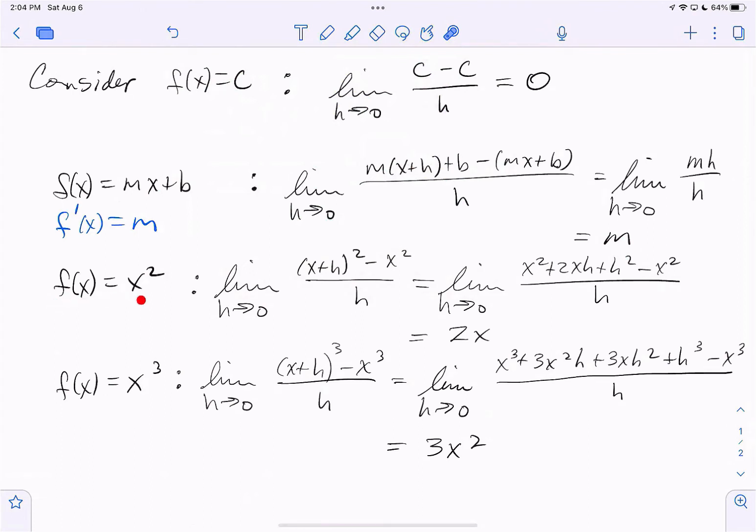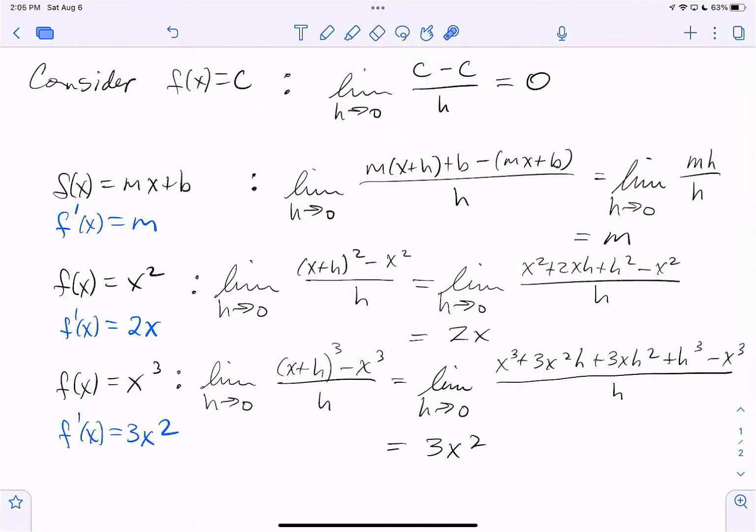For f of x equals x squared, we end up with 2x. So f prime of x is equal to 2x. That makes less sense. We'll just move on. F of x equals x cubed gives us a derivative of 3x squared. So f prime of x is equal to 3x squared.